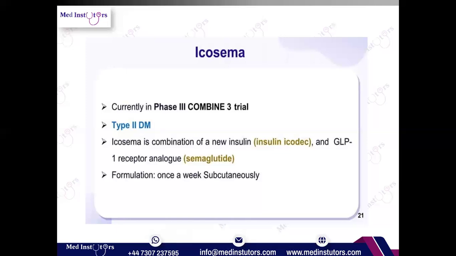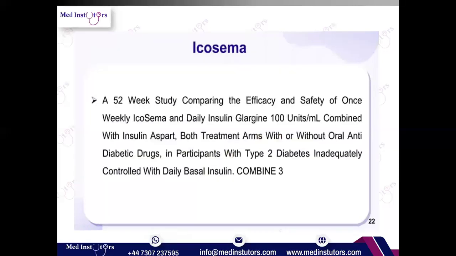Usually GLP-1 RAs are injectable forms only, but for semaglutide we have the oral form also. That's for another area of discussion. But Icosema is a combination of insulin icodec and semaglutide. The phase 3 trials are showing promising results about Icosema.